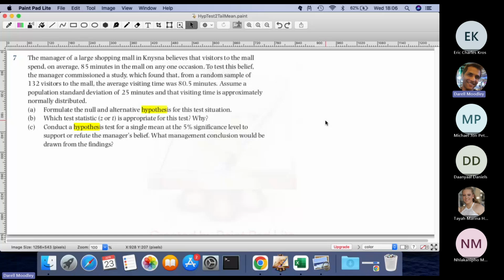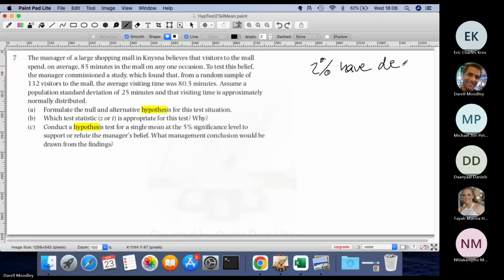Let me write it down. They claim 2% have a defect. But let's say we just took a sample. Instead of looking at 1,000 cars, we took 100 cars, and out of those 100, we found the percentage that have a defect is 1.98%.